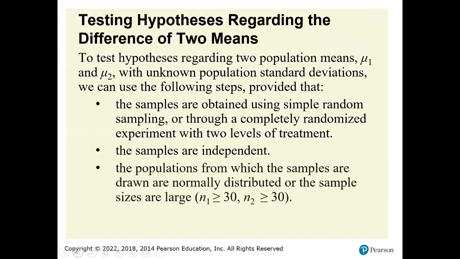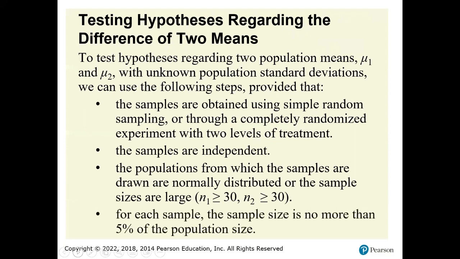There's no pairing of data. And the populations are either normally distributed or the samples are larger than 30. And again, the samples will be no more than 5% of the entire population. As with all the other examples we've done, the ones I give you will satisfy all of these conditions.